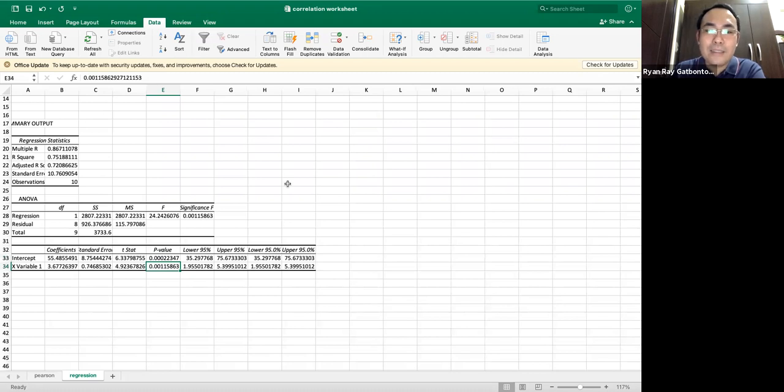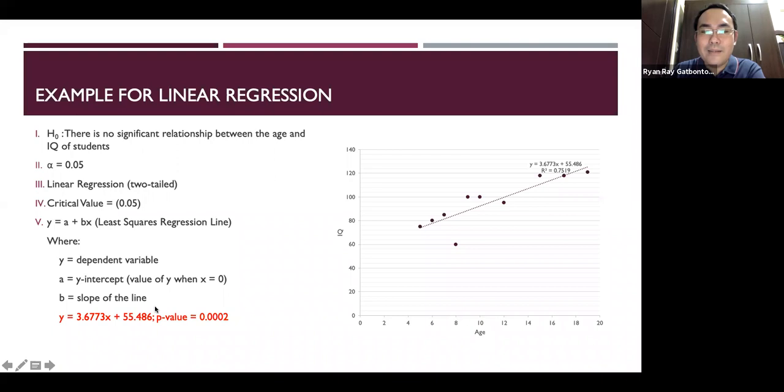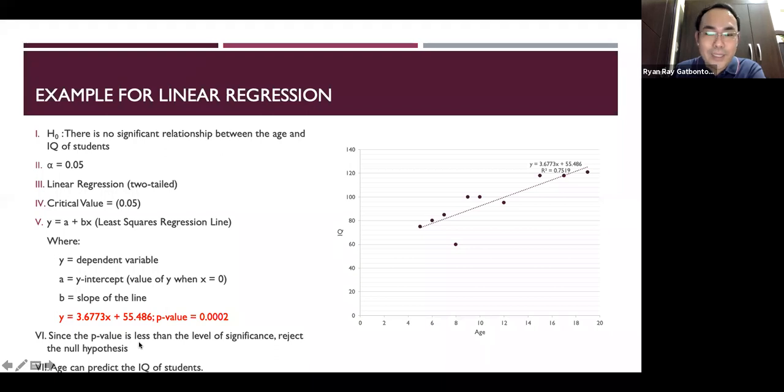So we can say that our computation is significant. The p-value is less than the level of significance. Therefore, we reject the null hypothesis, and we can say that age can predict the IQ of your students.